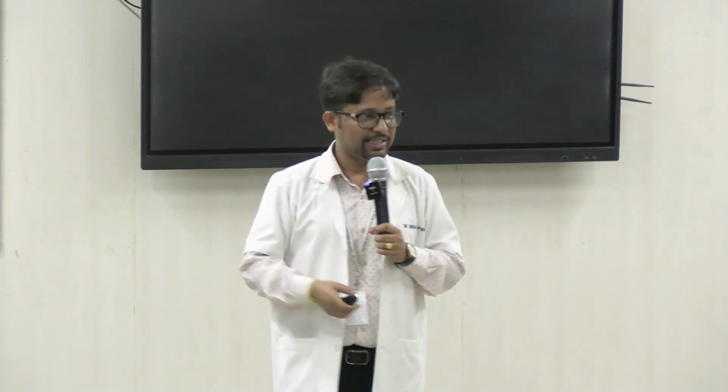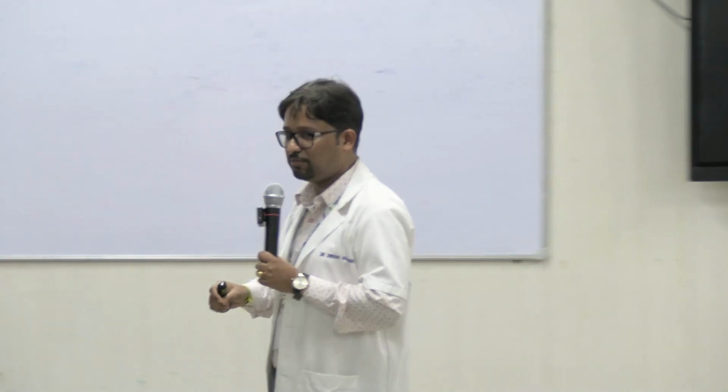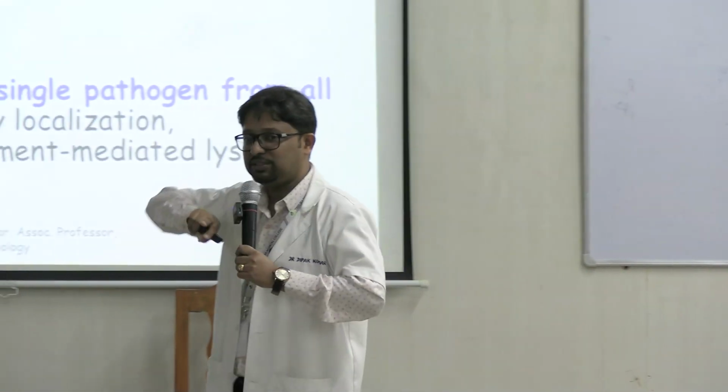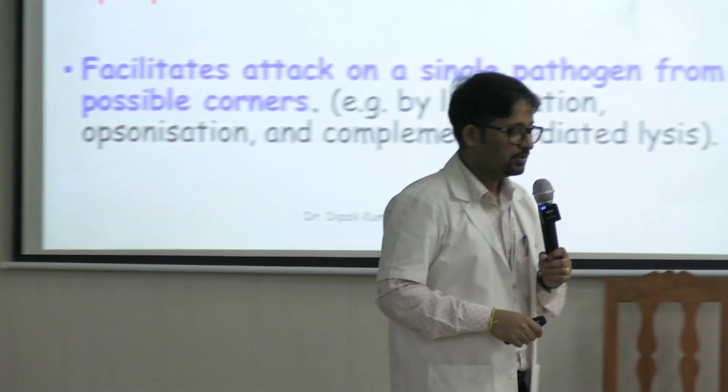एक ही organism को, if there are multiple epitopes of the same organism, each epitope will be recognized by a specific B lymphocyte, right? That specific clone will be expanded, उसके प्लाज्मा सेल्स बनेंगे, उसके अपने इम्यूनोग्लोबुलिन्स बनेंगे, राइट?